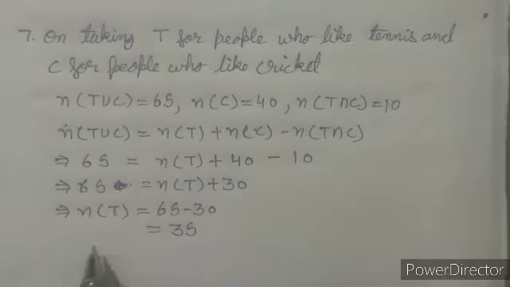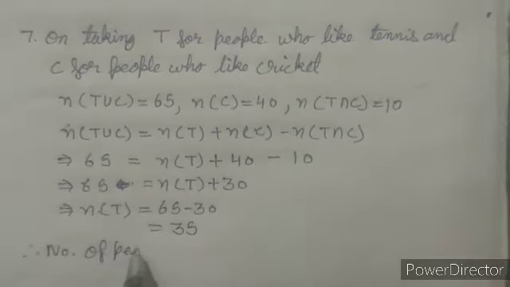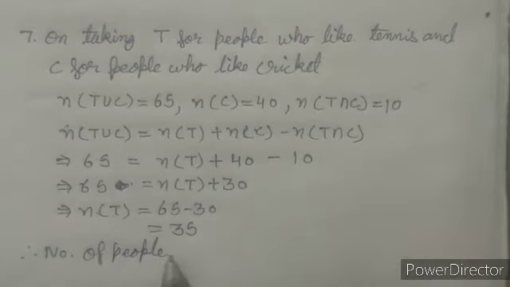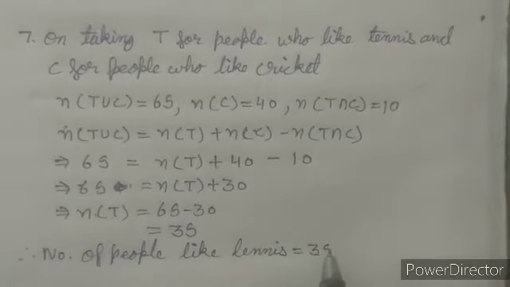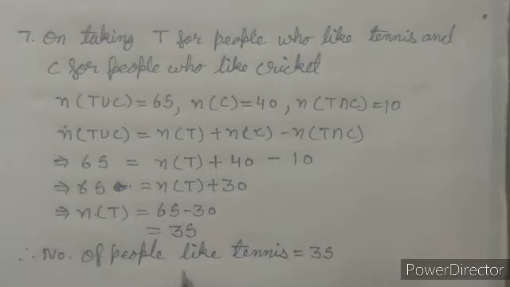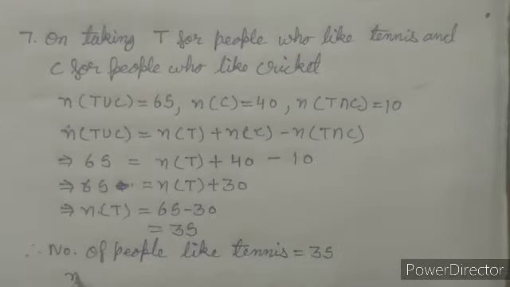Thus we can say that the number of people who like tennis is equal to 35. Now we also have to find out the number of people who like tennis only and not cricket.